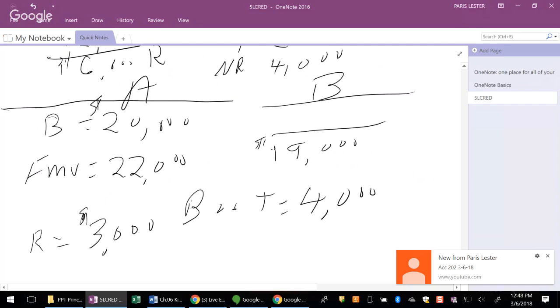How much did you get out of your truck or whatever it is? 19 plus 4 is how much?